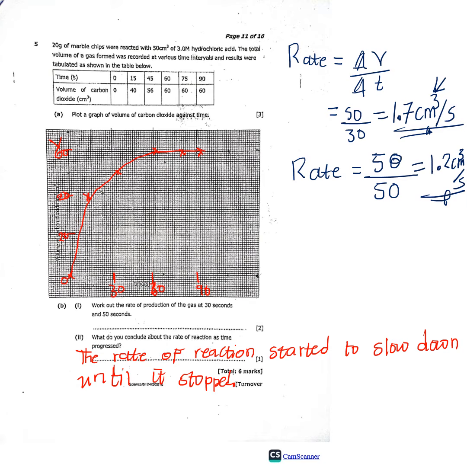Now, how can you know that the reaction has stopped? When the graph becomes a straight line parallel to the x-axis, or as we can see from the table, here we have 60, and also here 60, then also 60. So you can see that the volume stopped changing, giving us a picture that the reaction stopped occurring.